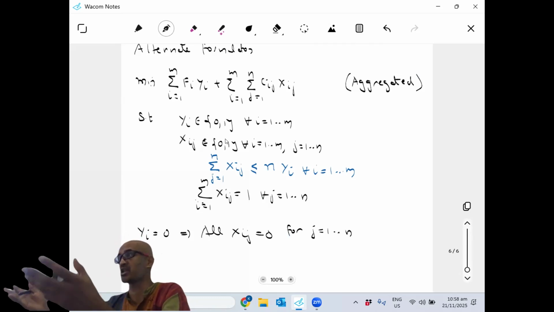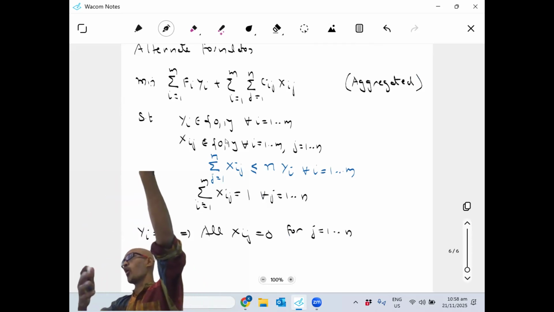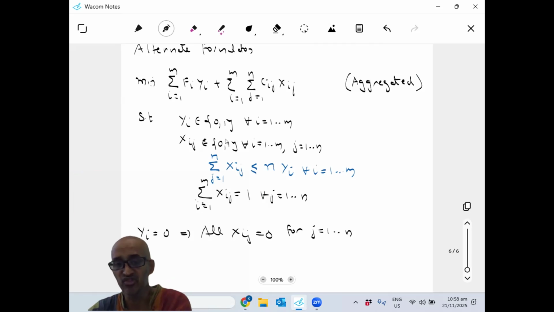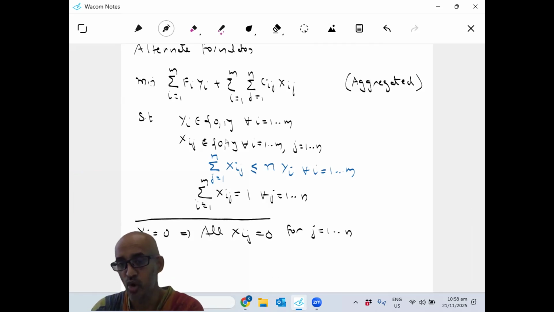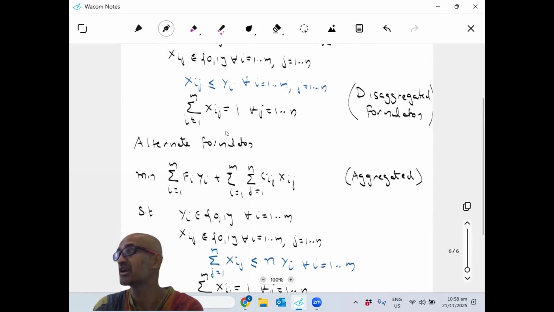The xij are binary numbers. I'm adding them up. If this number is 0, they better all be 0. If yi is 1, this constraint is redundant. It's saying that if you open a facility, you can serve as many clients as you want. This constraint is the key constraint that you're trying to model, which both the aggregated and the disaggregated formulation are capturing. Is that clear? Can you see that both are the same thing or no?